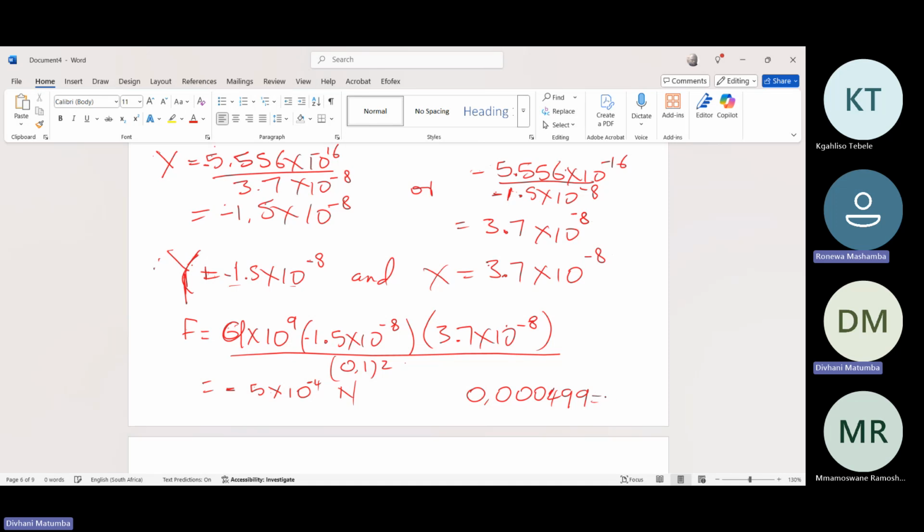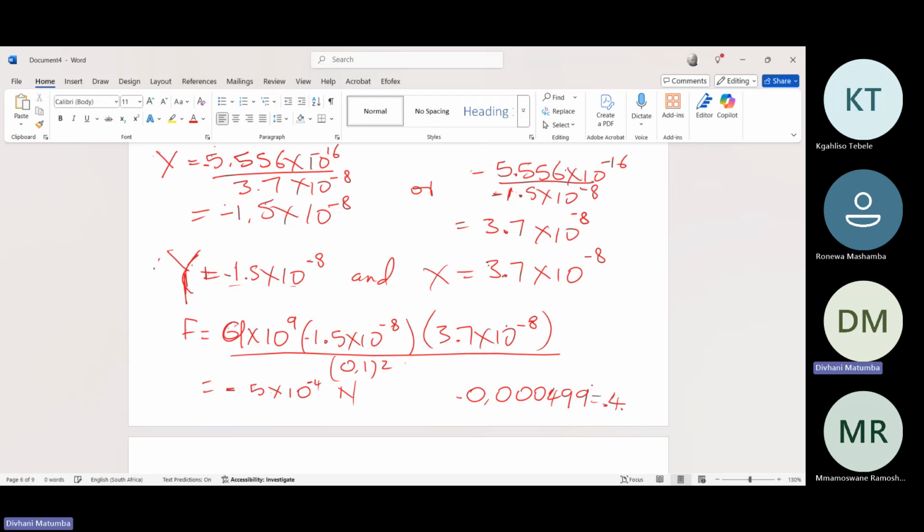Okay, if we are writing it in scientific terms, it will be what? It will be 4. So the answer is negative 0.00049995.